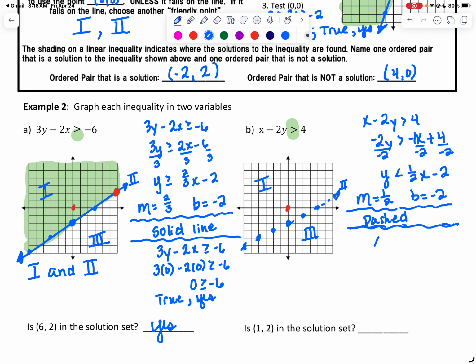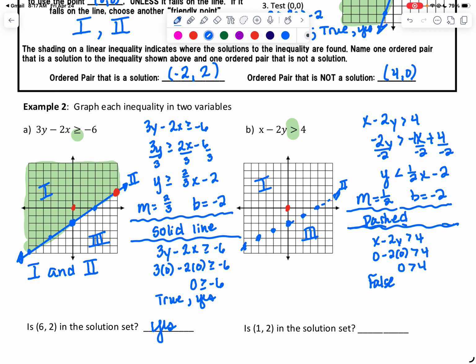So I want to go to my original inequality and plug in 0, 0. So 0 for the x, 0 for the y. So 0 minus 0 is 0. And then you ask yourself, is this true or false? Is 0 greater than 4? Is 0 bigger than 4? That's false.